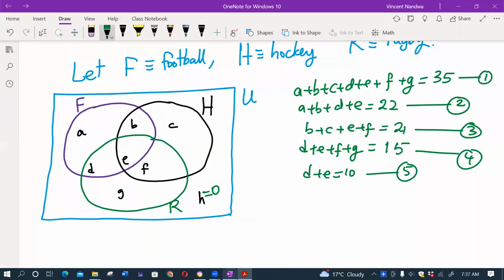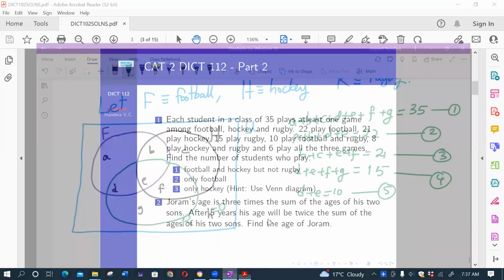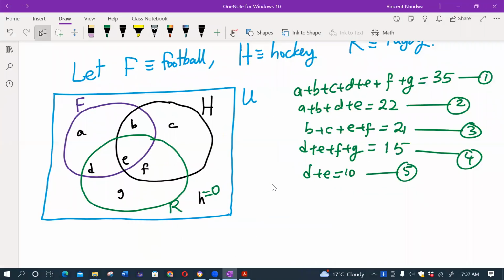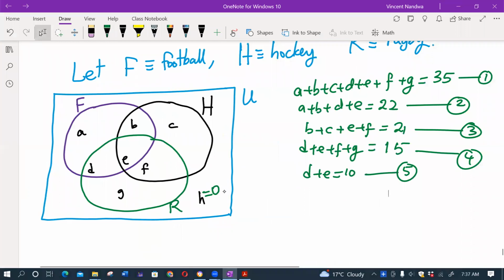H meets R at E and F. This would give us 8. So E plus F is 8. Call it 6.